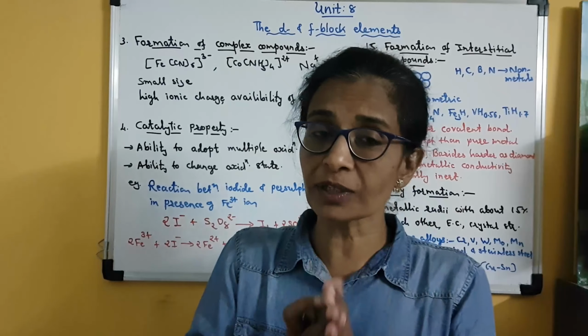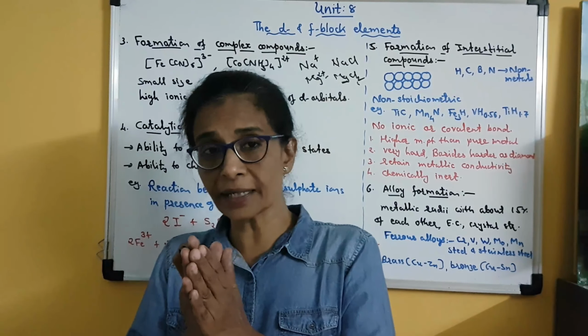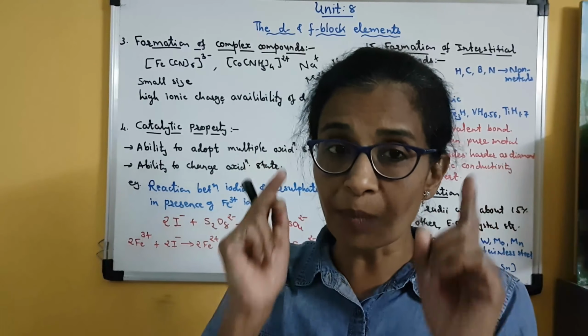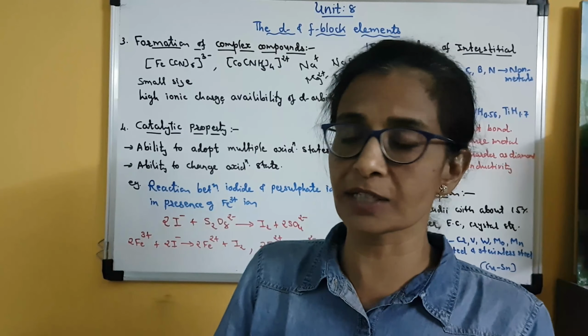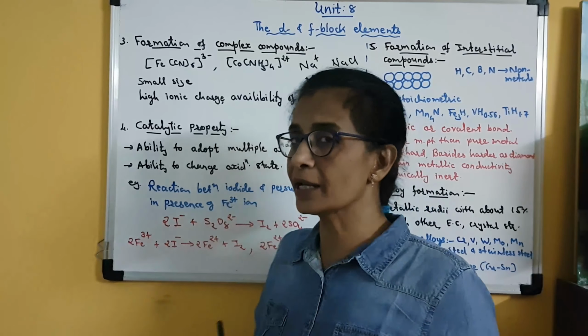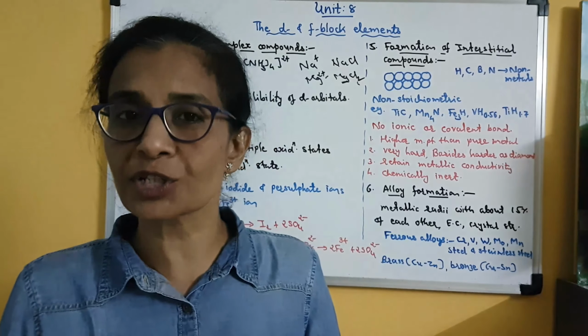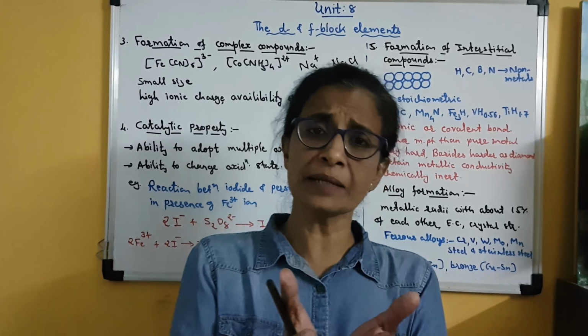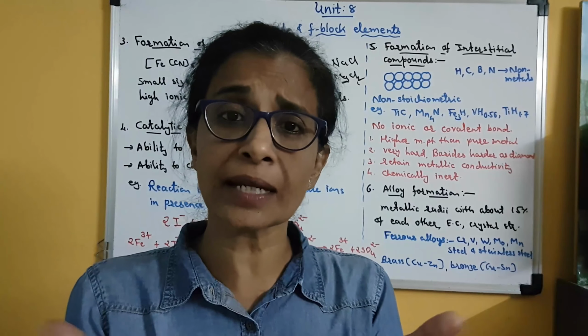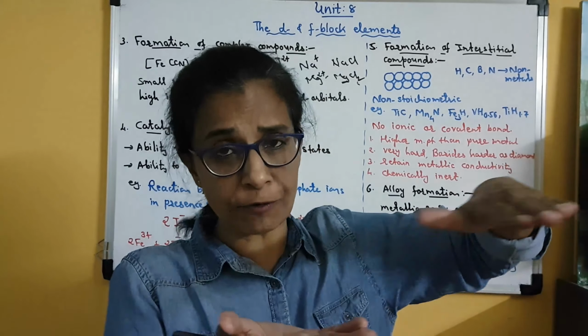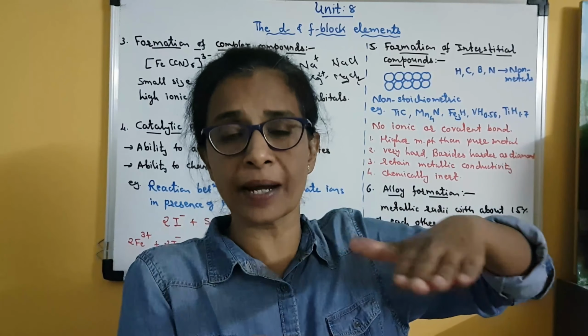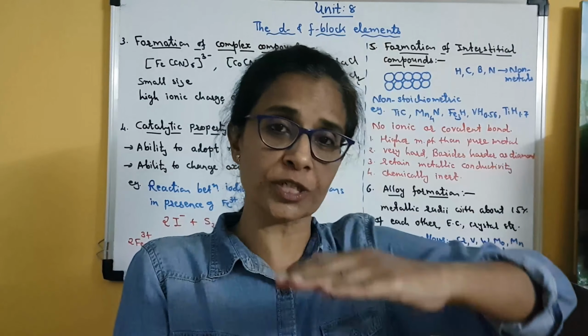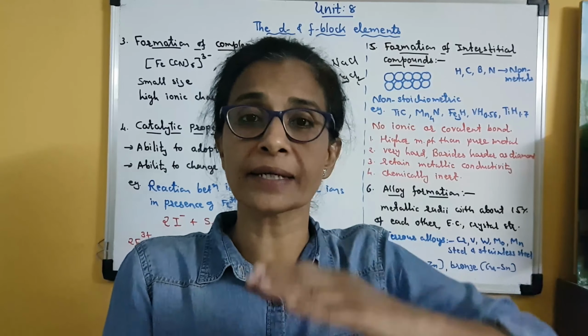Clear? So the first thing is, in catalytic activity, the catalyst must decrease the activation energy, and yes, these transition elements decrease the activation energy. Another thing is, when these elements are used as a catalyst, they are in the solid form. So on the surface of these elements, there is adsorption of the reactant molecules.